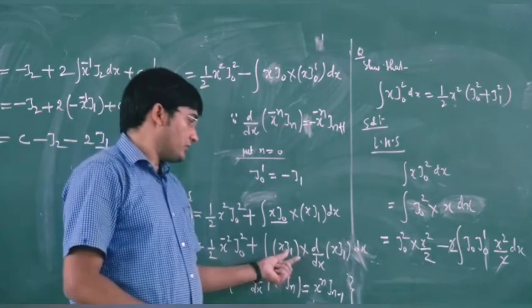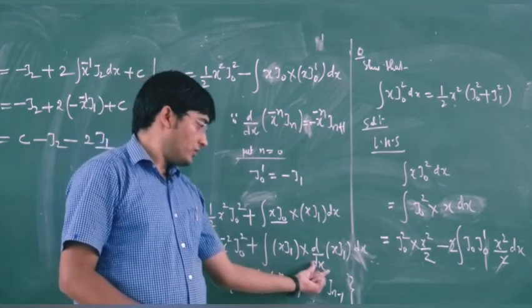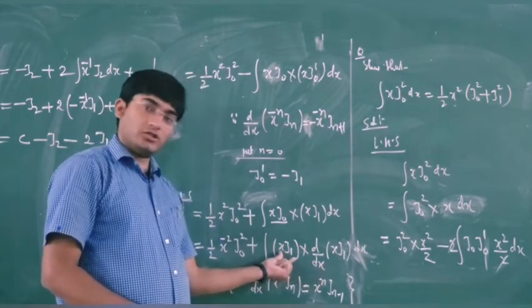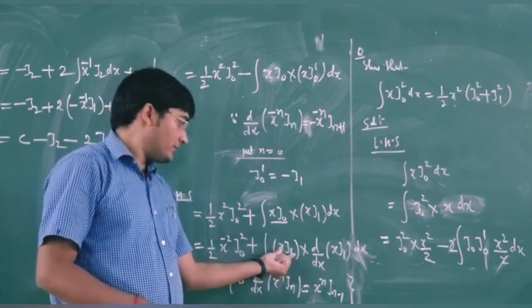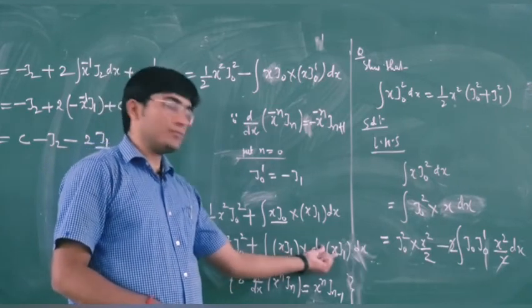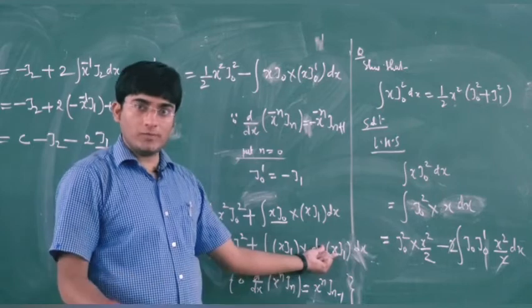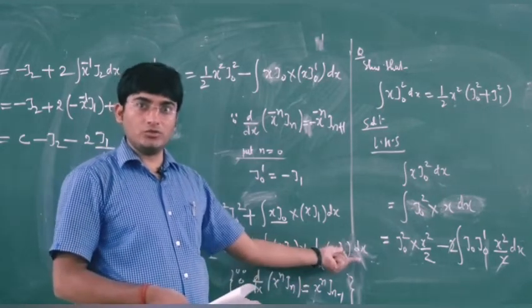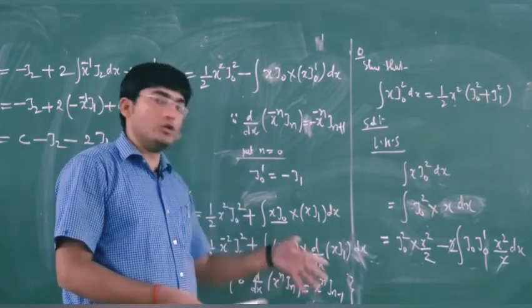Now if you write this x j1 as say u, then this is basically u into du, and u into du means integration of u with respect to u, and the integration of u will be u square by 2.